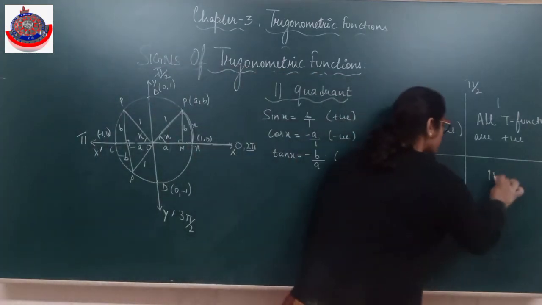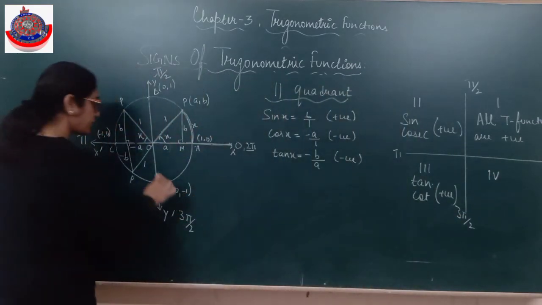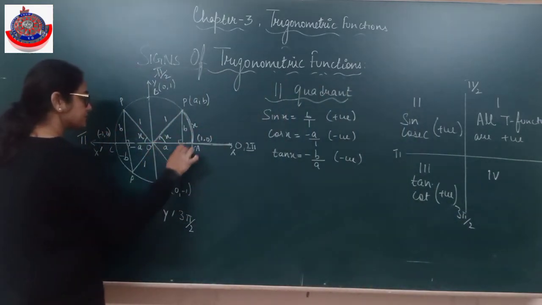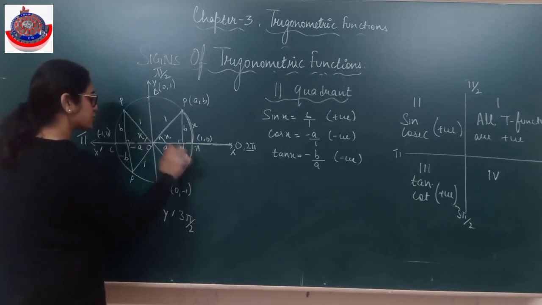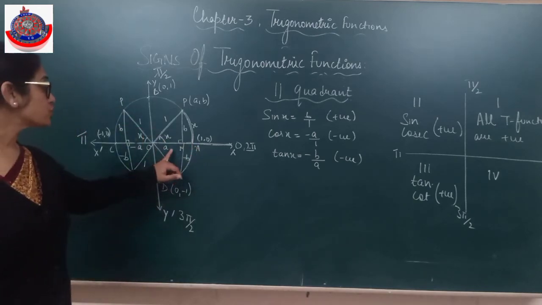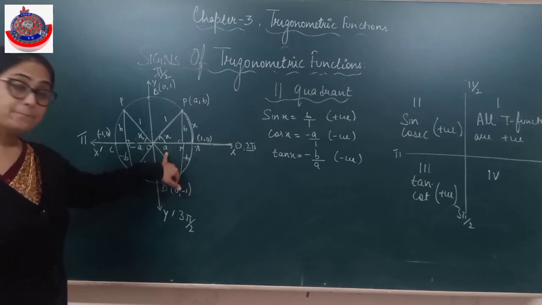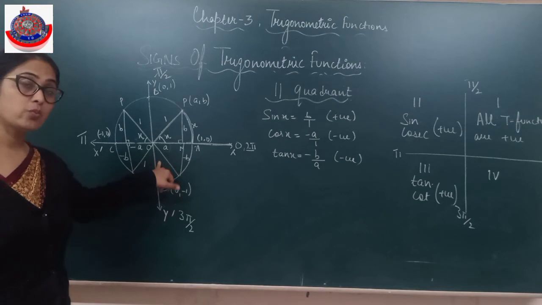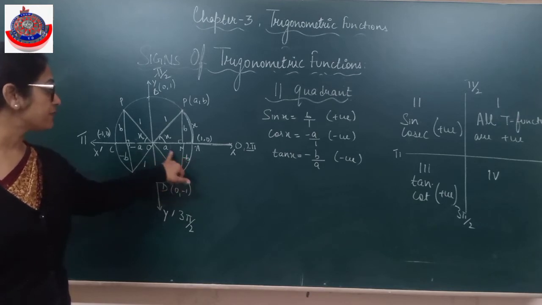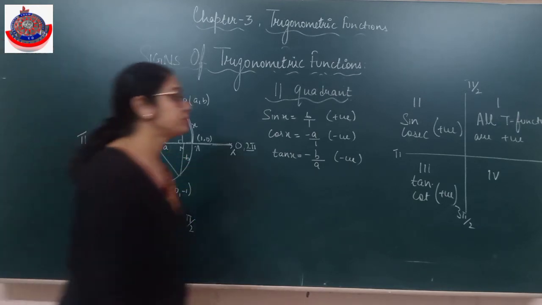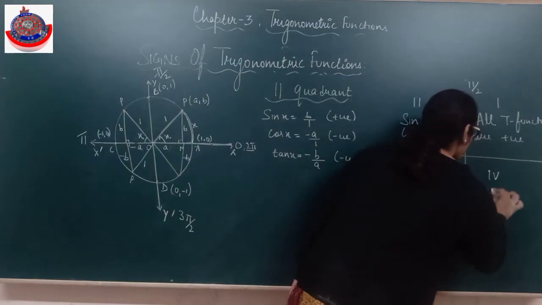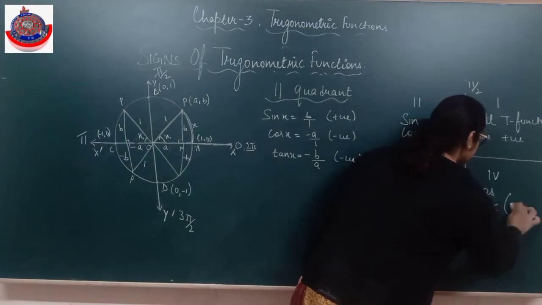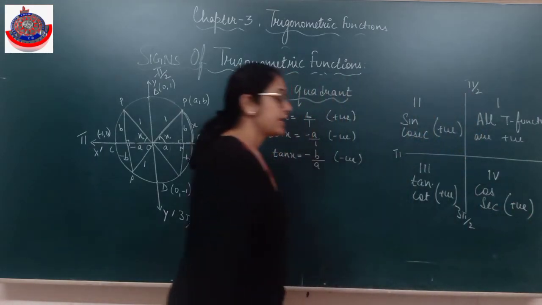And same way, if I talk about the fourth quadrant, if I go here, this is positive direction of x-axis but negative direction of y-axis. So cos will be a upon 1, positive. Sine will be minus b upon 1, negative. Tan will be minus b upon a, negative. That means in the fourth quadrant, only cos and its reciprocal secant are positive, rest all are negative.